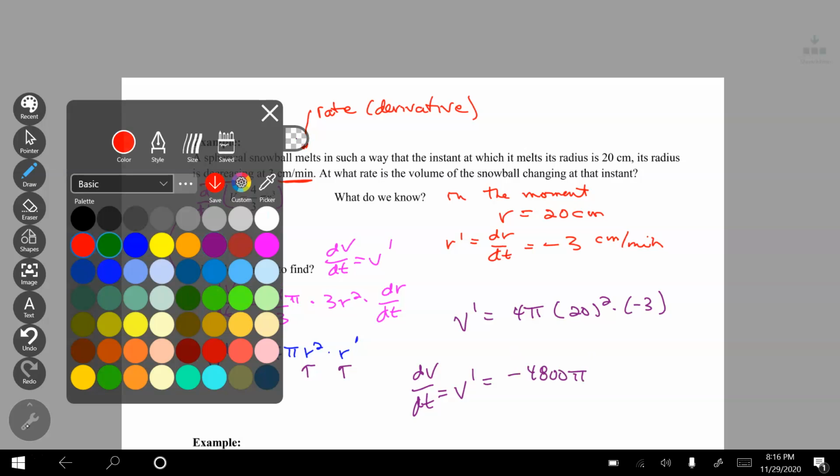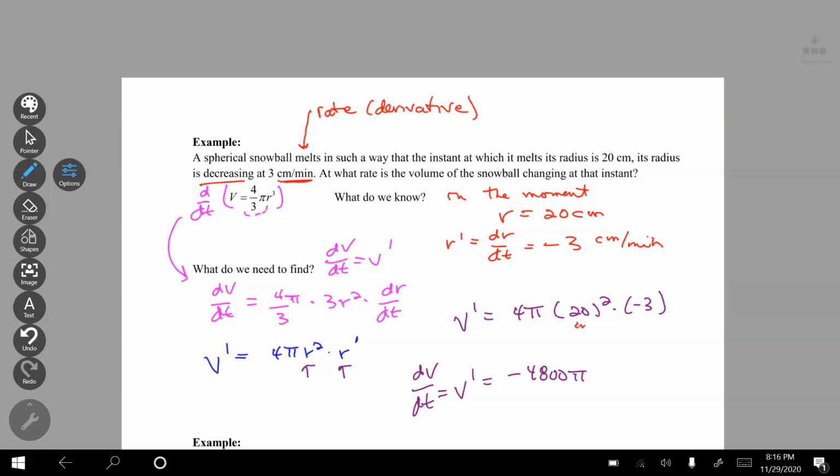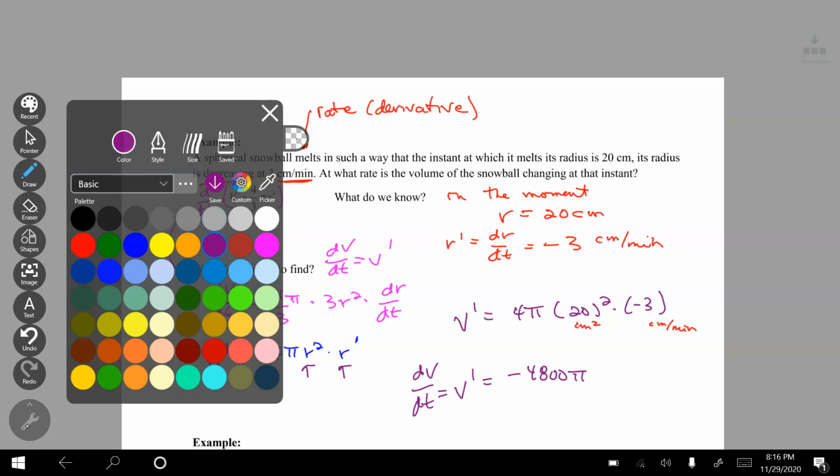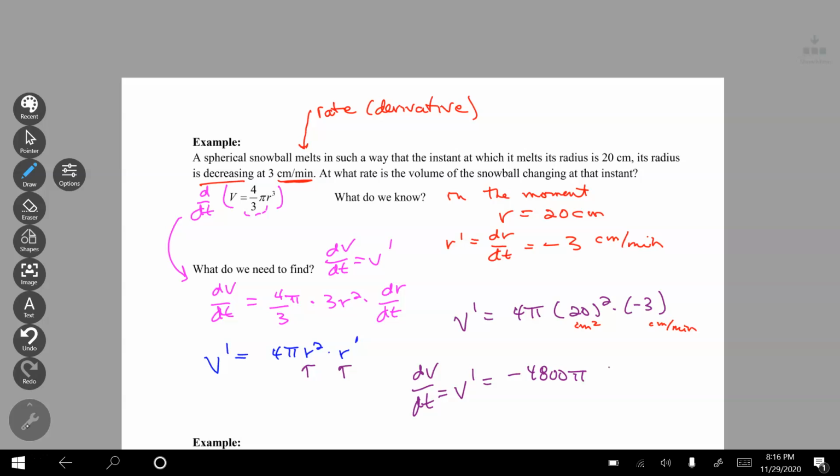And let's see. These were centimeters squared. These were centimeters per minute. So my units are going to be cubic centimeters per minute. And it is decreasing because I have a negative rate of change.